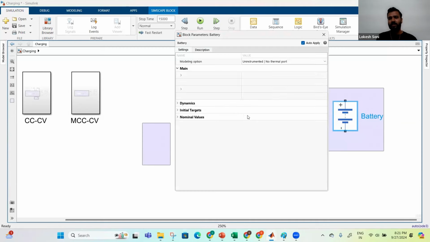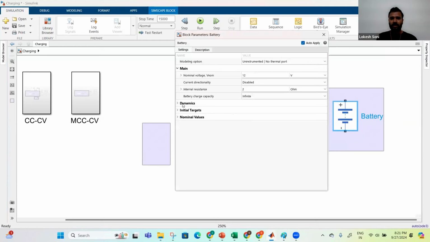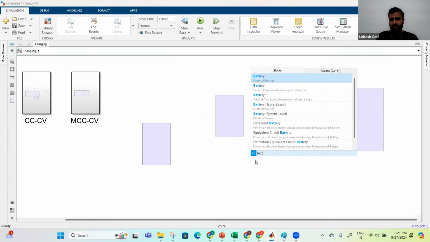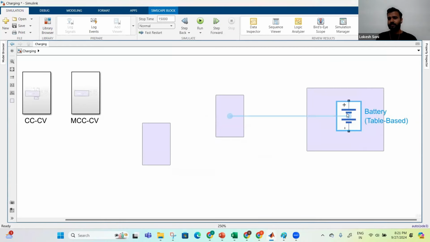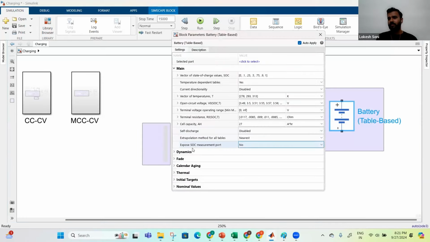So how BMS, if I double click it, sorry, I have taken out the battery. Yeah, so multiple battery blocks are there. This makes more sense in this session.